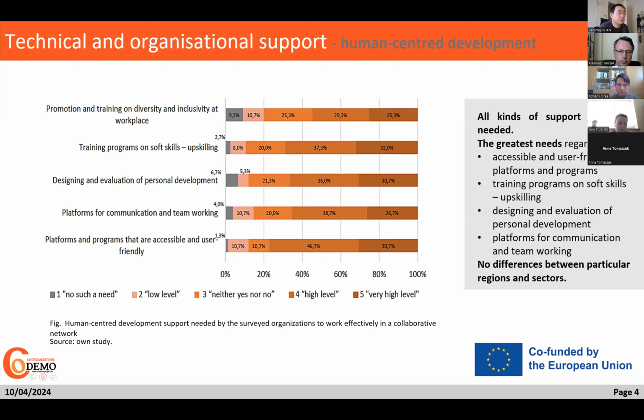It's also worth stressing that the remaining human-centered development support types were also indicated as very needed. I mean training programs on soft skills, upskilling, designing and evaluation of personal development, platforms for communication and team working, and also there were no essential differences between particular regions and sectors.